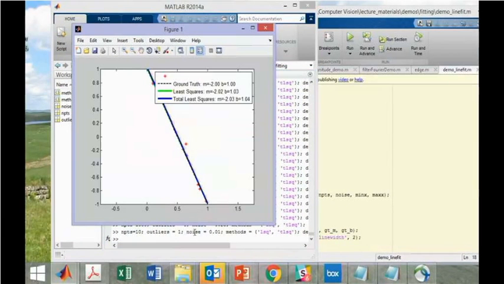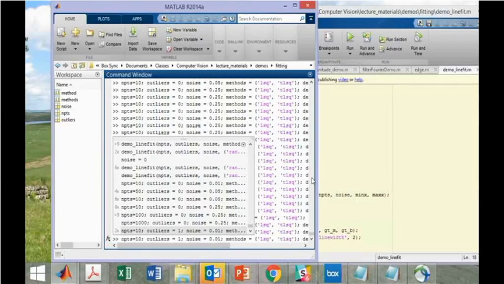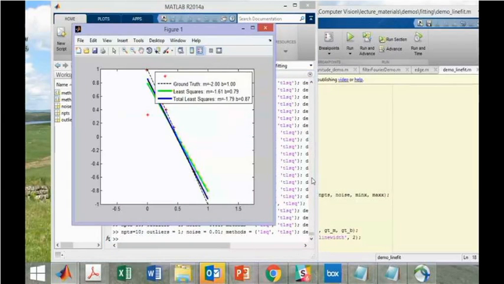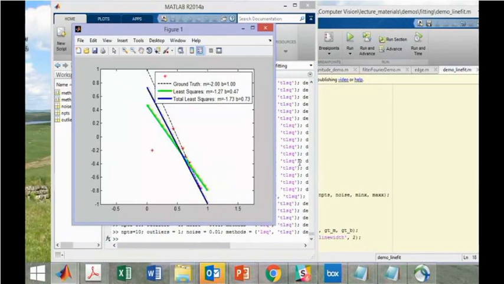So in this case, the outlier was not too far off, so everything's okay. Here the outlier is still not too crazy, but that one outlier out of 10 is pulling both the lines significantly towards it. Right? So if you get really unlucky with the outlier, it can deviate the entire line away from those points.